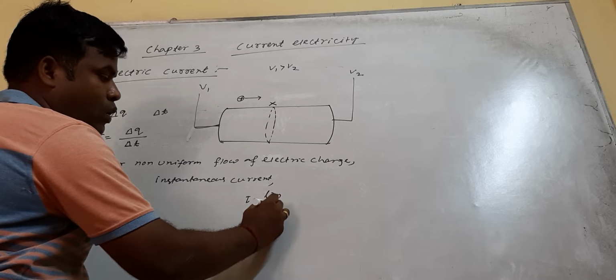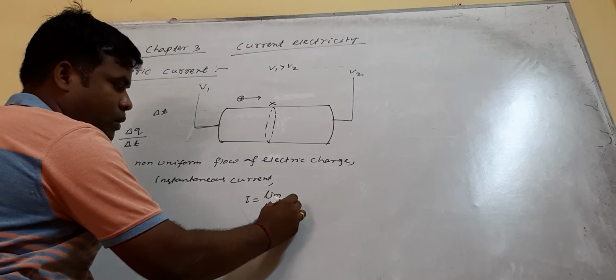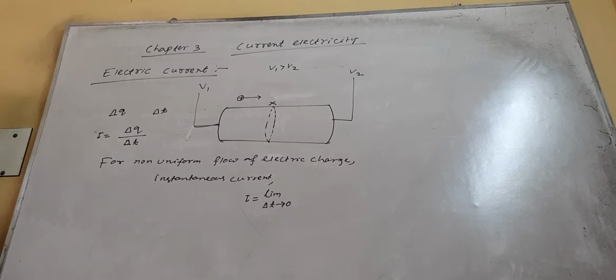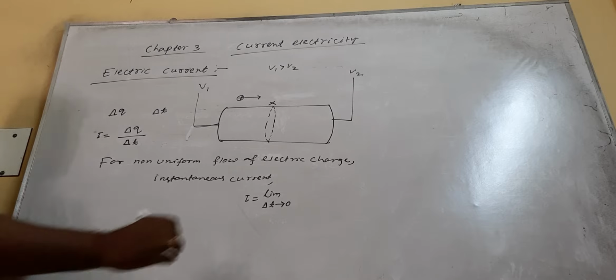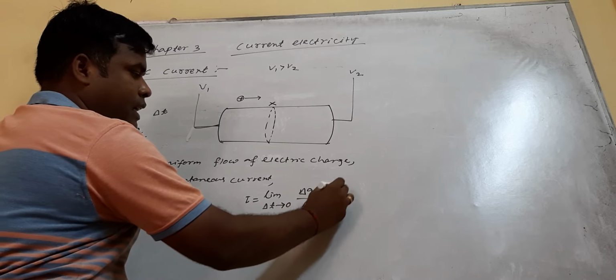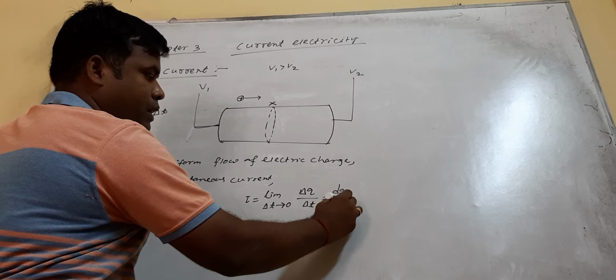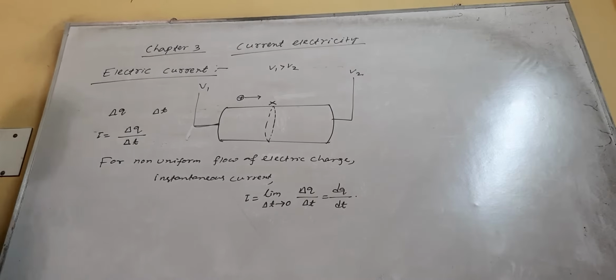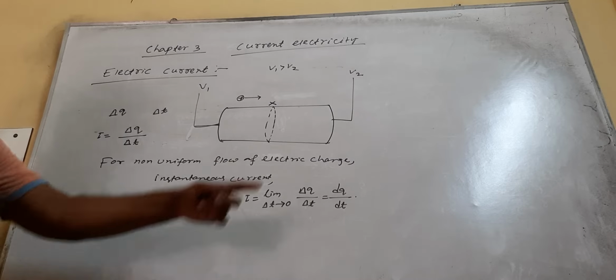You know, whenever the word instantaneous comes, the limit delta t tends to 0. That is the time derivative of electric charge.